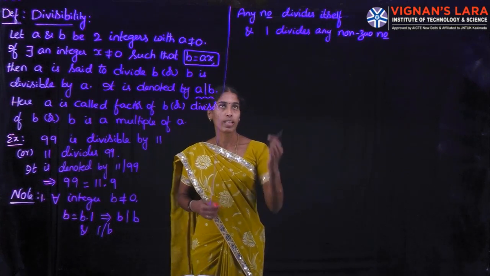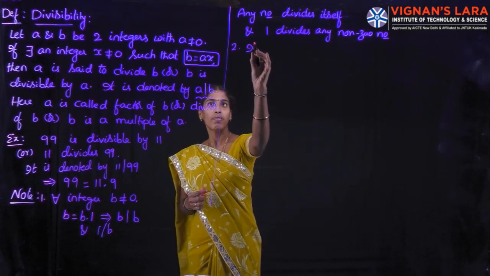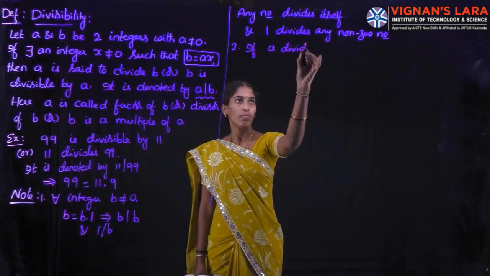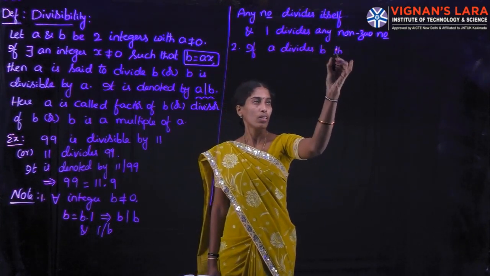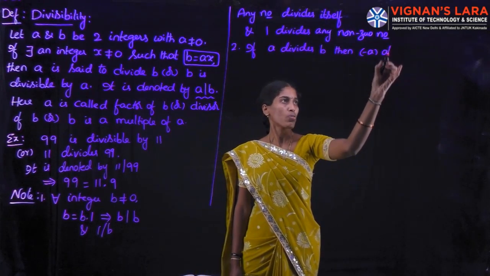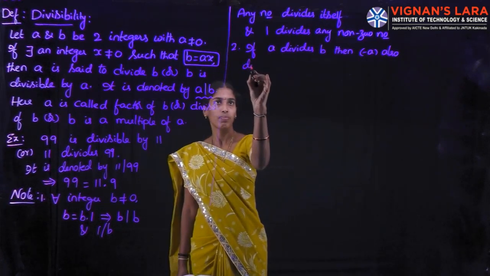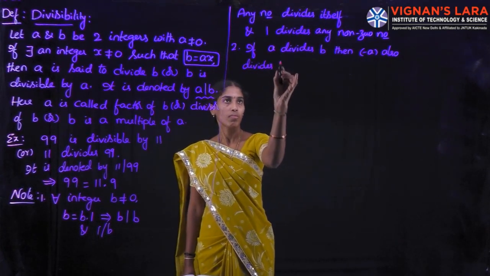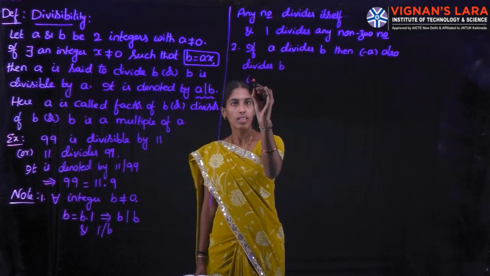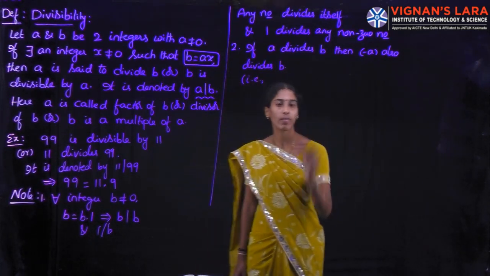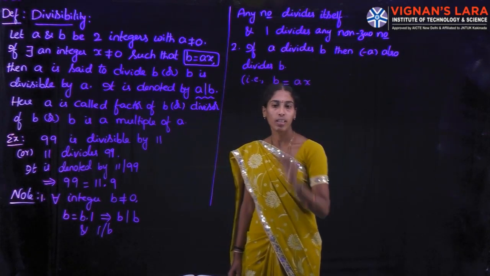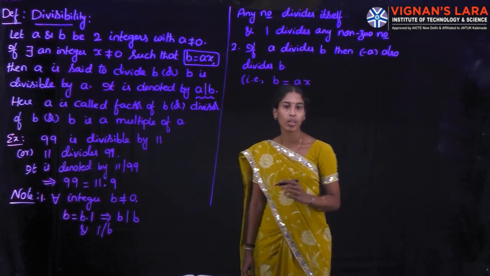And also the next point is, if a divides b, then minus a also divides b. So whenever a divides b, we can write b is equal to ax.